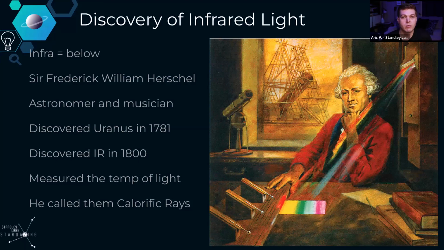It was actually getting warmer than the others. So he repeated this a couple of times, controlled for the different factors, and found that indeed there was an invisible wavelength of light somehow coming through and causing a rise in temperature. And what he discovered is what we now know as infrared light.